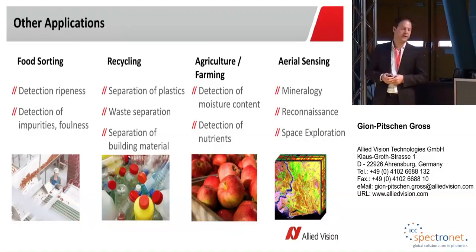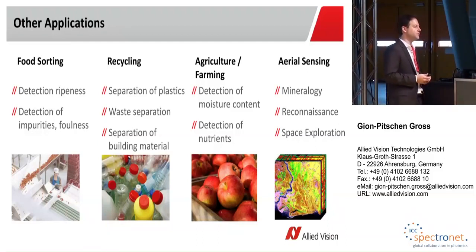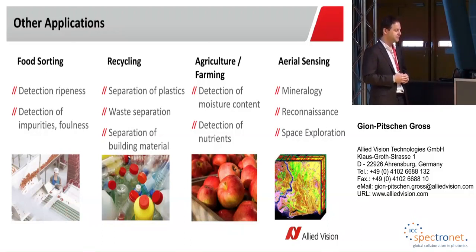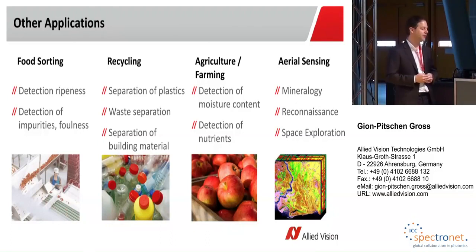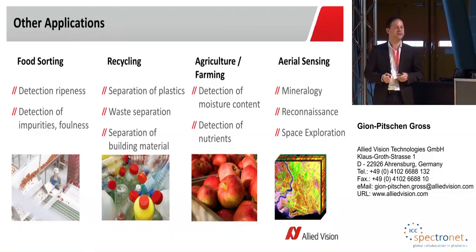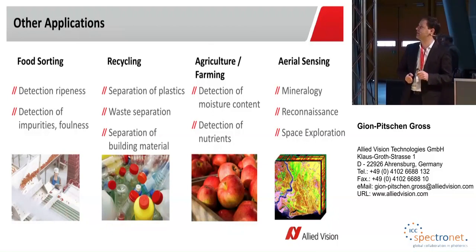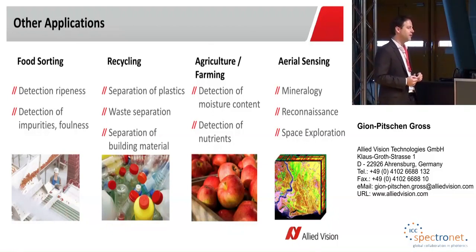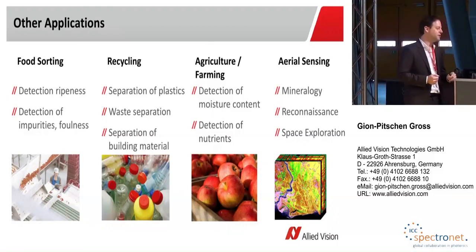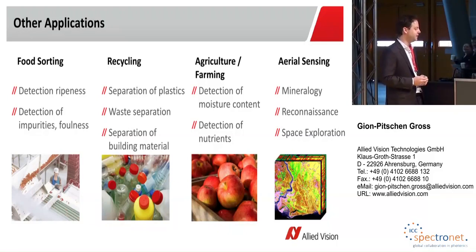Other applications in aerial sensing are mineralogy, to detect different rock formations and classify them. More on the military side is reconnaissance, where I also fly over large areas. And actually where hyperspectral imaging started was in space exploration, because we can detect different materials from faraway planets.